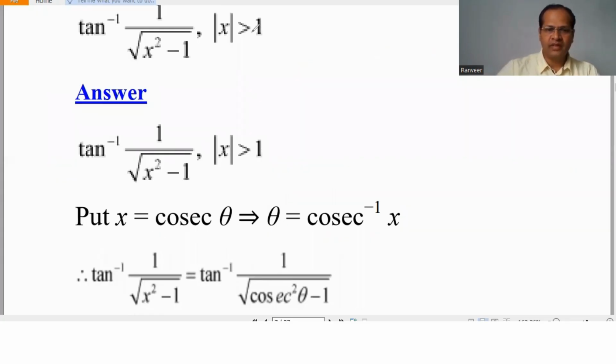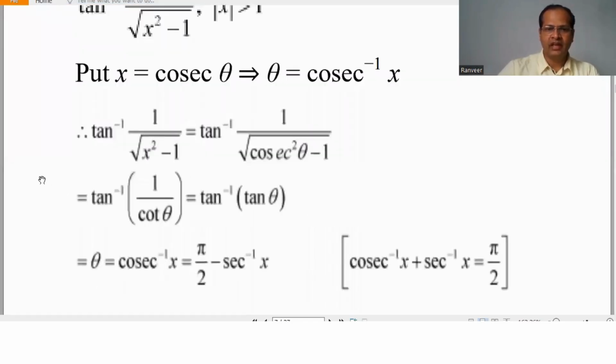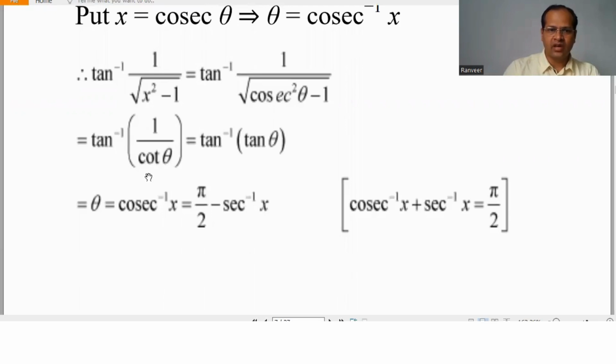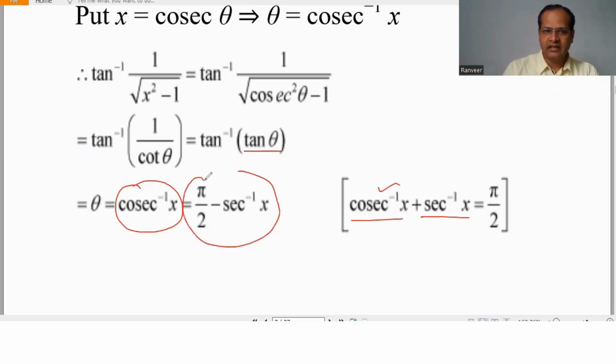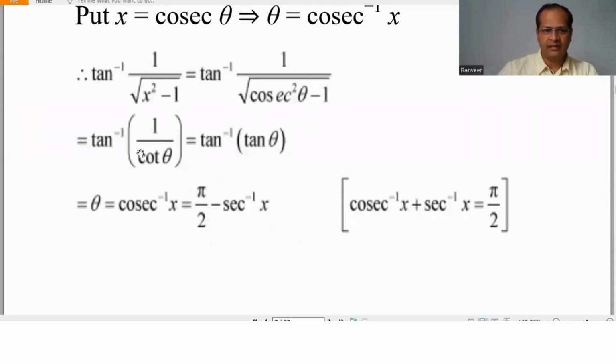After substituting, tan inverse 1 by root under cosec square theta minus 1, this is cot theta, and 1 by cot theta we can write as tan theta, and this is nothing but theta, that is cosec inverse x. That we can write as pi by 2 minus sec inverse x, because cosec inverse x plus sec inverse x is pi by 2. So cosec inverse x we can write as pi by 2 minus sec inverse x.